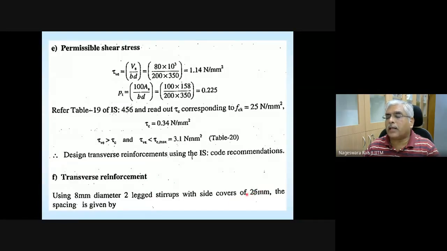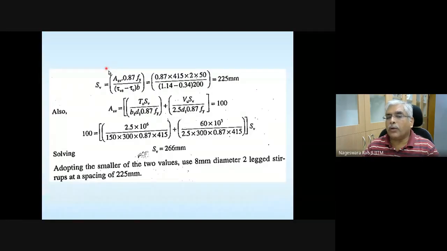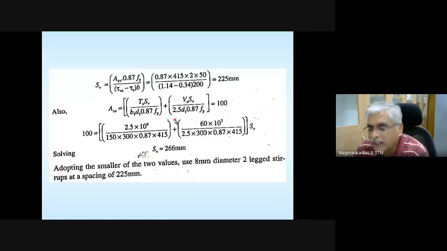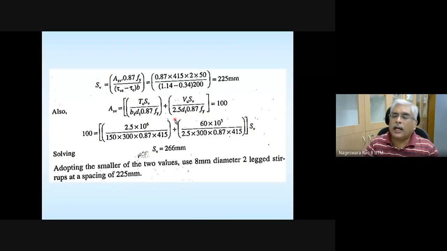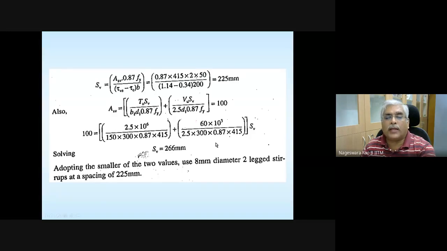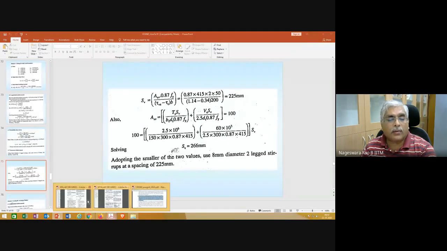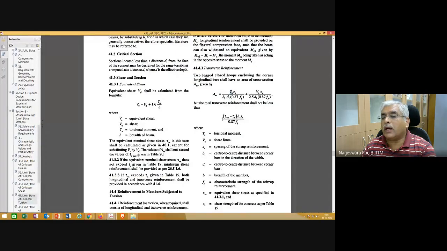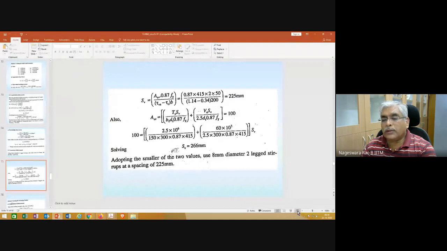Why this side cover? Because we need to calculate B1, D1. So you can go through all that. Okay, and whatever reinforcement that you get here shall not be less than whatever is given in the code. Whatever is given in the code, it shall not be less than this value. So please go through this.